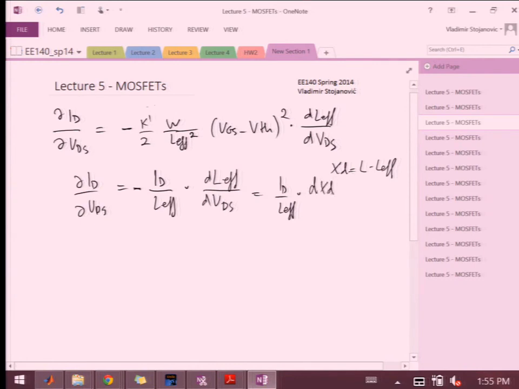So I'll just write it as delta XD over delta VDS. Now this is something that's familiar. It's a change in depletion region versus the voltage that gets applied on that junction. We know that was a square root kind of dependence of the depletion region with the VDS. That's standard for any type of junction.